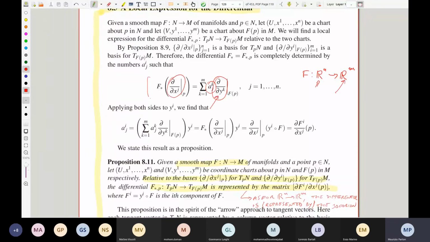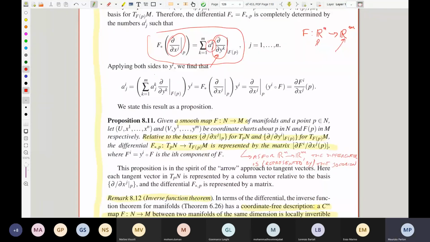Okay, so you have this kind of expression. But all of this is just to say that locally you have the same as before. You have a function between two manifolds. Locally you have a Jacobian, for instance, a Jacobian matrix, but only when you fix coordinates, you choose coordinates.